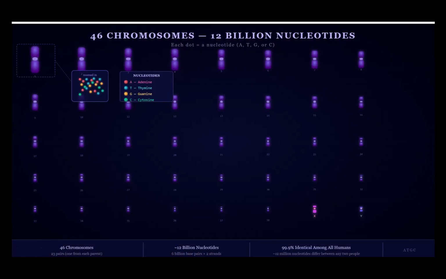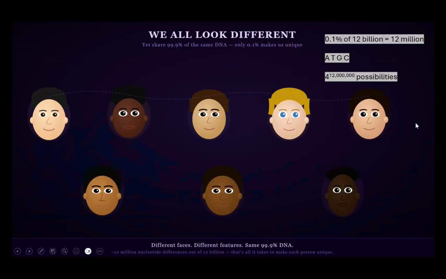Now, imagine the number of possibilities for those 12 million spots where you can have any of those four possibilities. So 0.1% of 12 billion is 12 million. So think of those 12 million spots, which can have any of these four possibilities: A, T, G, and C. That makes it 4 to the power of 12 million possibilities.